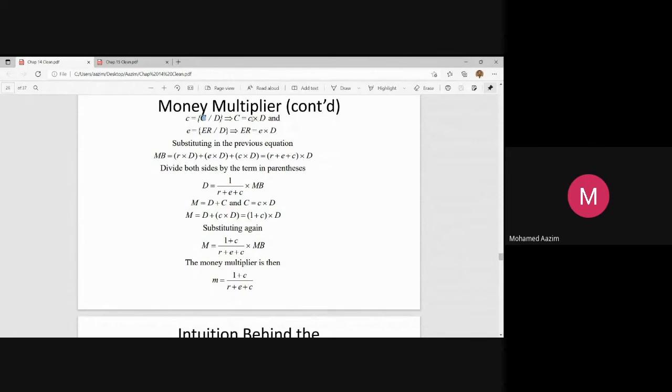Currency ratio is nothing but currency over deposits, C over D. So the amount of money you hold in your hand is a ratio, that is small c, from your deposit base. So the currency ratio is very straightforward, C over D, and at any given moment of time, the currency ratio times deposit base would tell you what is the currency that is being held.